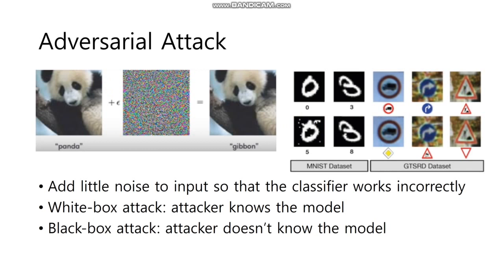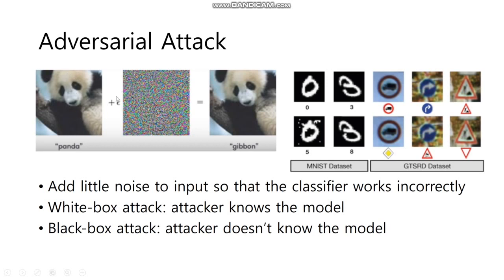So before we move on to the details of the algorithm and the proposed method, let me briefly review adversarial attack. If we add little noise to the input, then with some conditions, we can make the classifier work incorrectly. Here is an image of a panda.